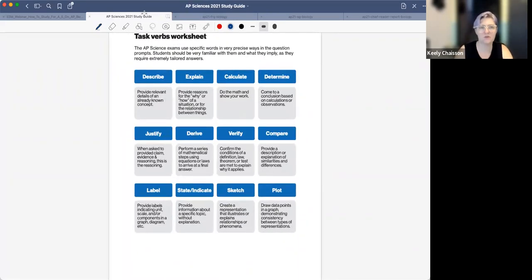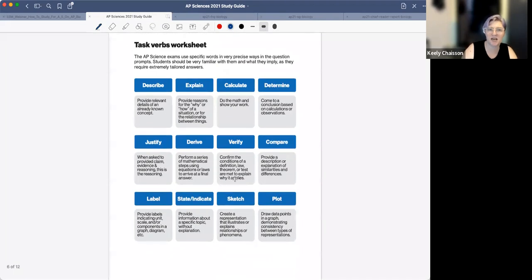All of the FRQs use the same task verbs across all the AP science exams, and they're being very precise in terms of what they want you to do when they use these words. You should know every single one of these, and for the AP biology exam, they will use the same task verbs on question 1 every time, the same task verbs on question 2 every time.